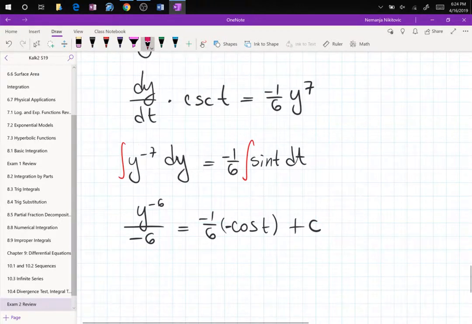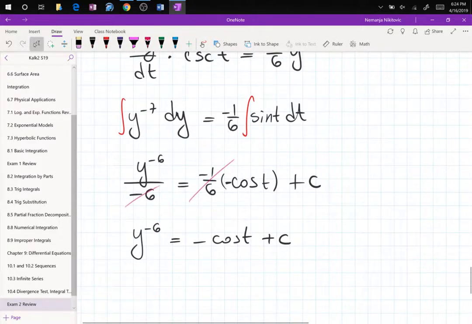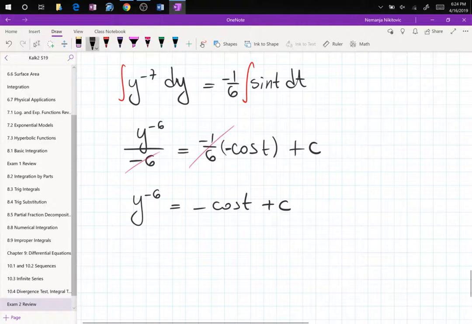So now this negative over 6 cancels, and I have y to the negative 6 is equal to negative cosine t plus c. Now we have to fish out the exponent. So this is 1 over y to the 6 is equal to negative cosine t plus c.